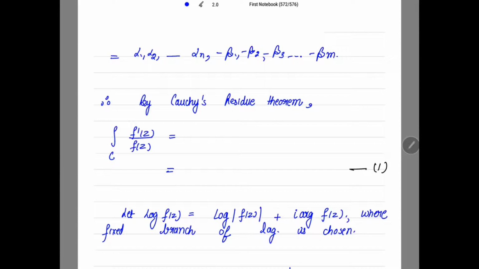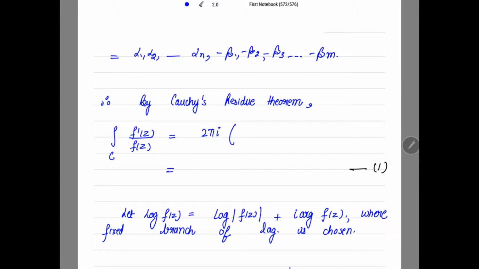Now by Cauchy residue theorem, we have the integral over C of f'(z) over f(z) equal to, as we did in the last video with Cauchy's residue theorem, 2 pi i into the sum of the residues.